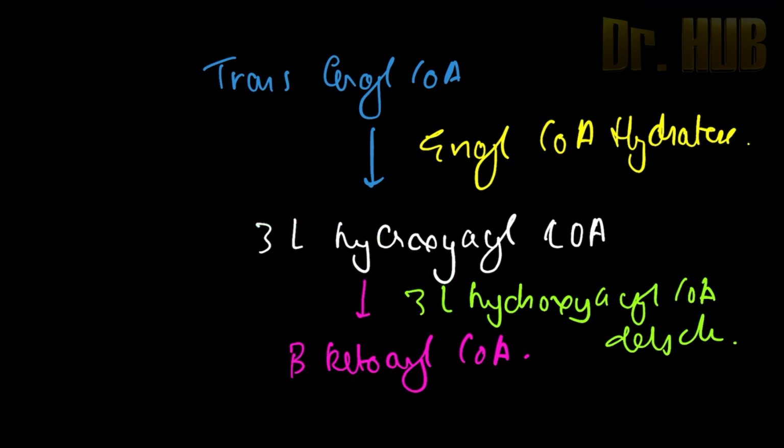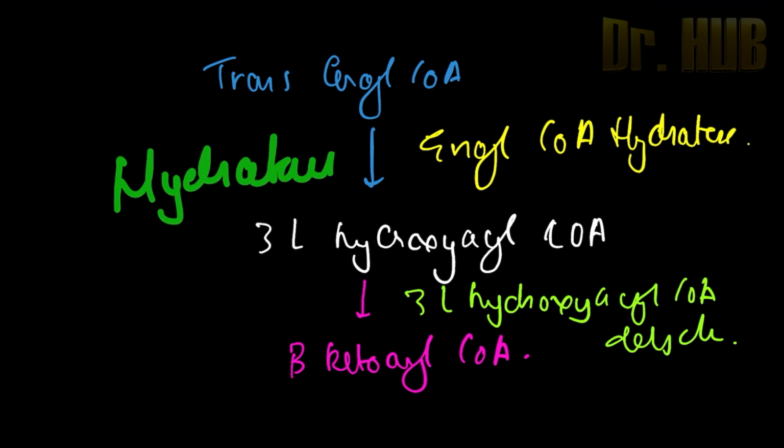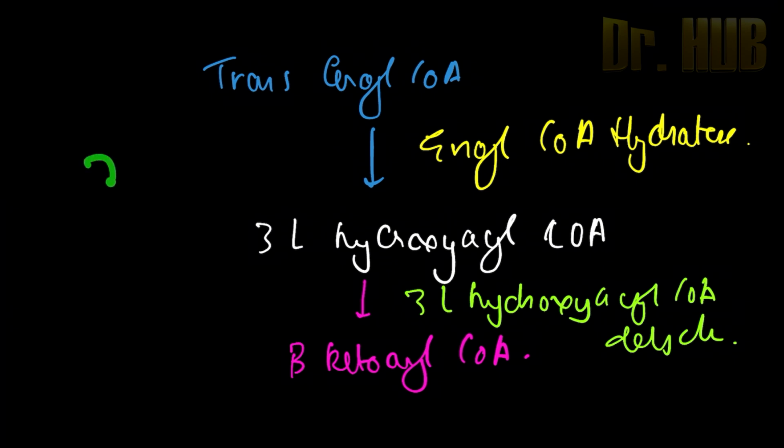After the trans-enoyl CoA, the enoyl CoA hydratase, where water plays a role. Next will be the formation of the 3-L-hydroxyacyl CoA from the trans-enoyl CoA with the enoyl CoA hydratase.